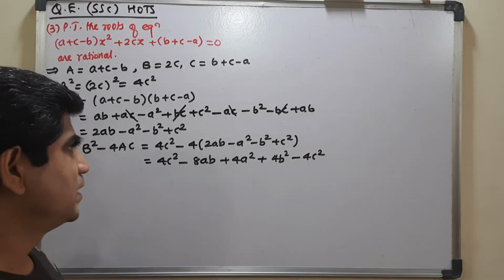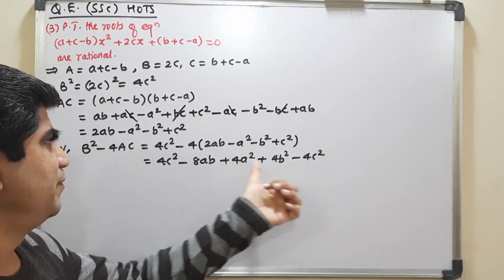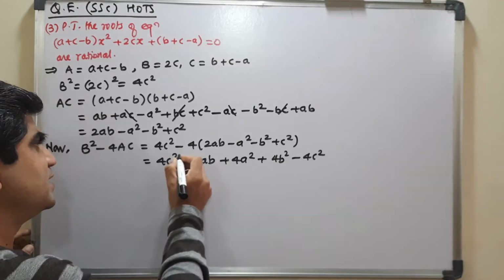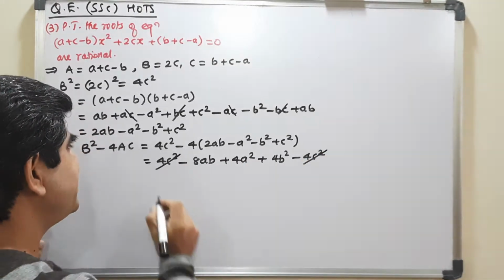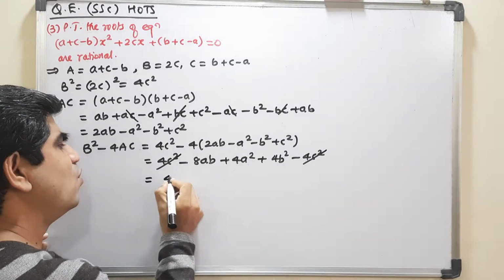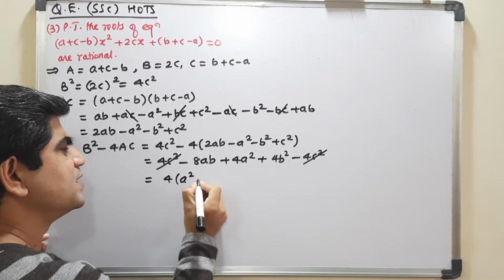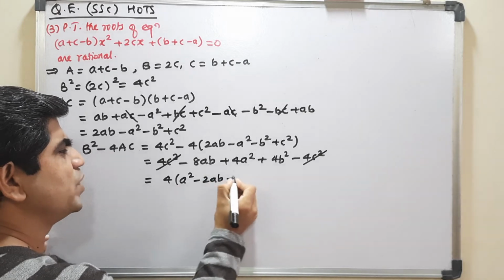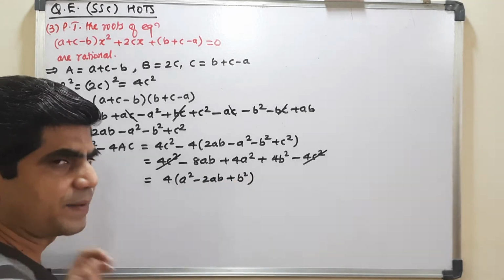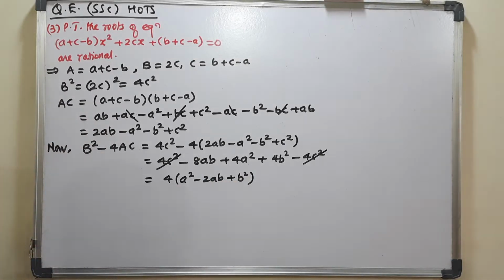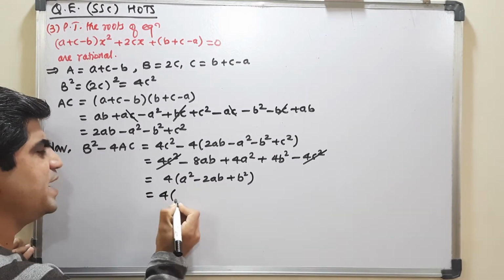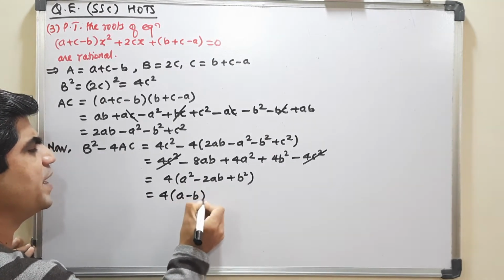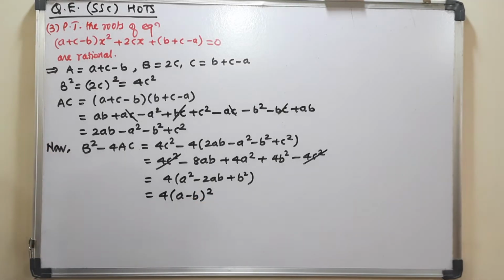Now if I only deal with these two, I can see that this 4C square and this 4C square go. So I remain here with 4 common, A square minus 2AB plus B square. Agreed? So now if you see, this is your 4 into bracket A minus B the whole square.